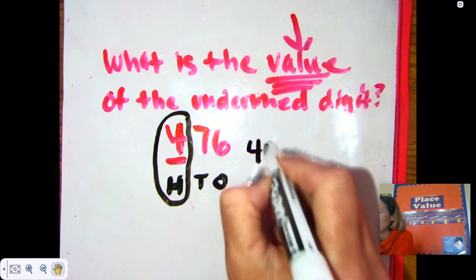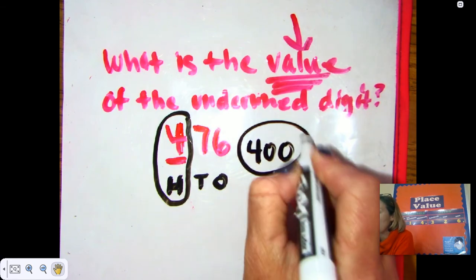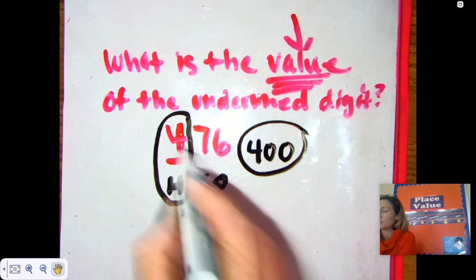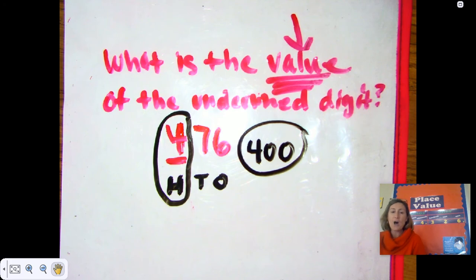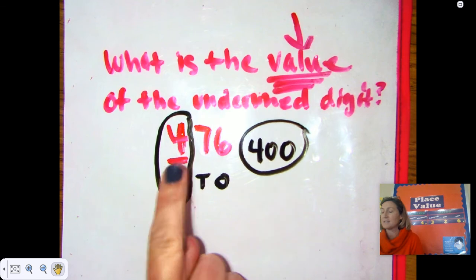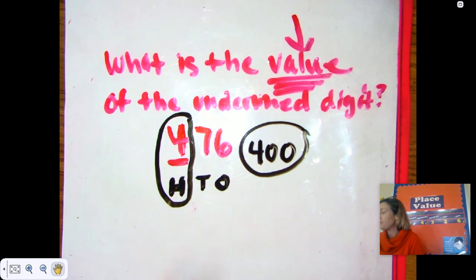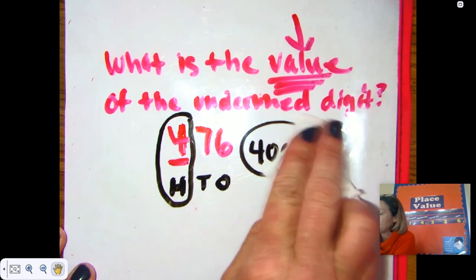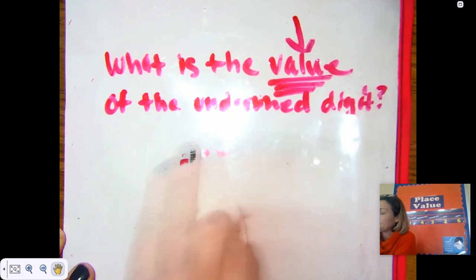So if I gave you 4 $100 bills, the value would be 400. 476. The value of the 4 is 400. Okay, let's do another one.